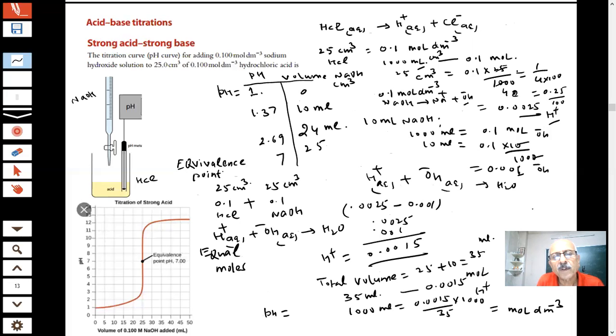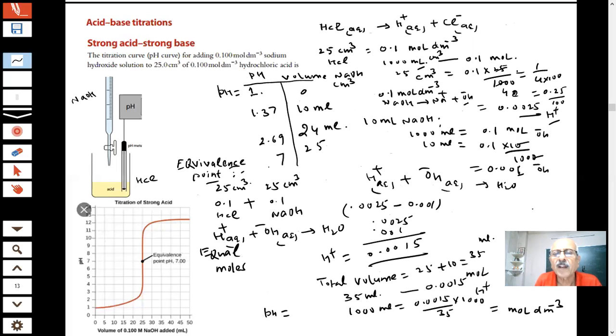of the titration. They will ask you in an exam a question, what is the equivalence point, students? When equal moles of acid and base have been added in the reaction flask, at that point, what happens? This is called equivalence point.